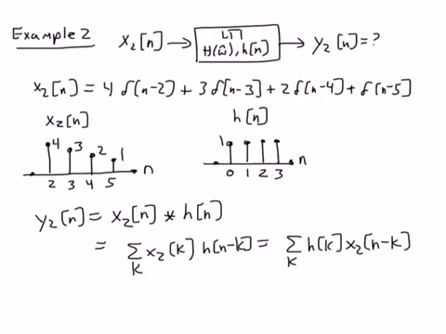So what we're basically saying here is that convolution, as we know, is a flipping, shifting and summing operation, and because of the commutative property of convolution, we can choose to flip either x2 or h in this problem, and we usually pick the easier one to flip.